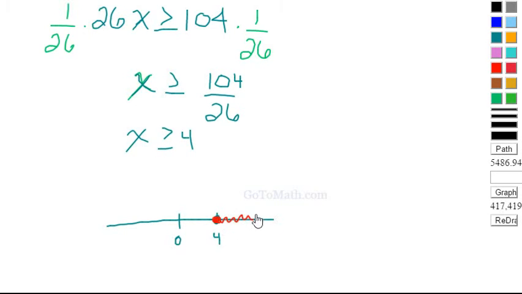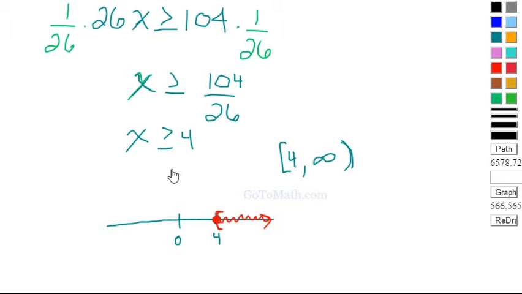So it'd be everything going off in that direction to infinity, right? Sometimes they put a parenthesis right here, an open parenthesis. Actually, this would be a closed bracket because it includes 4. It includes 4. And then another way, of course, of writing this is we'd write a bracket 4 to infinity, just like that right there.